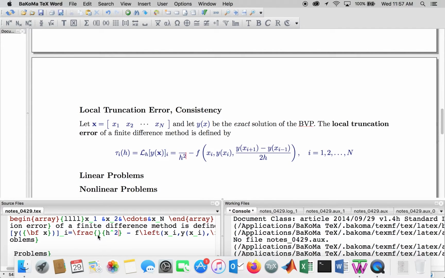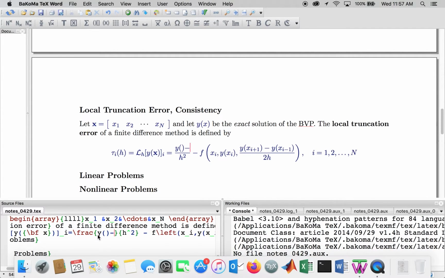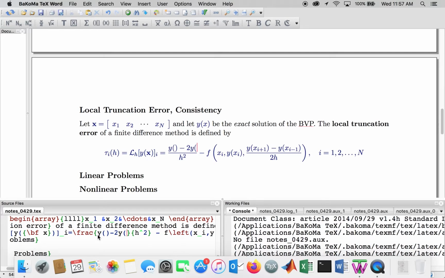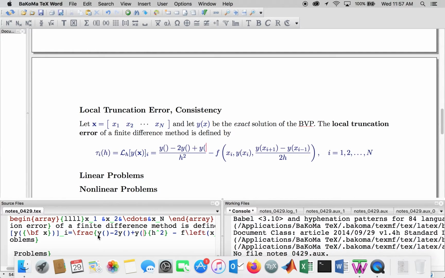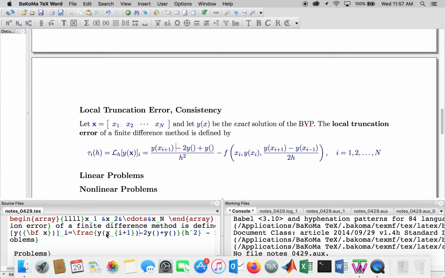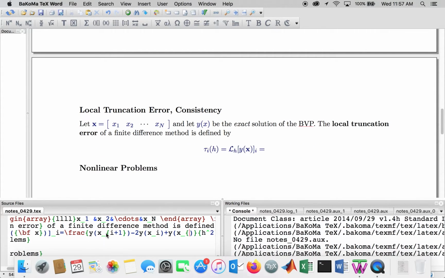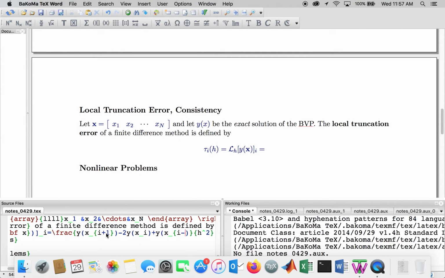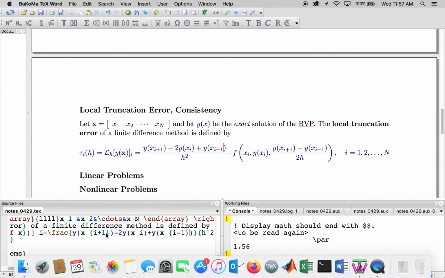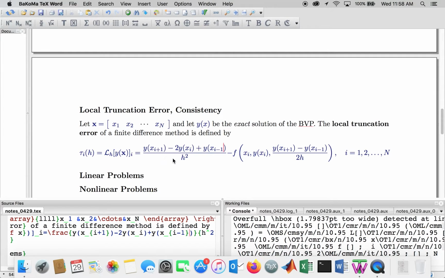Hopefully I have room for all of this. Okay, so this is the exact solution substituted into the numerical method.